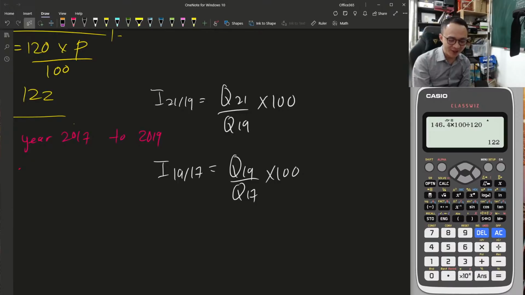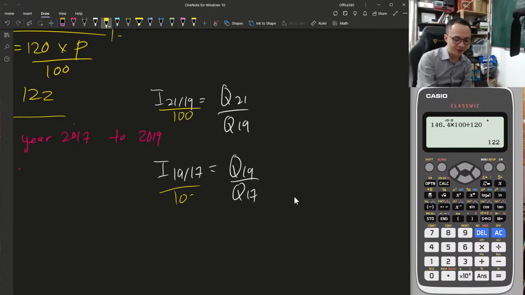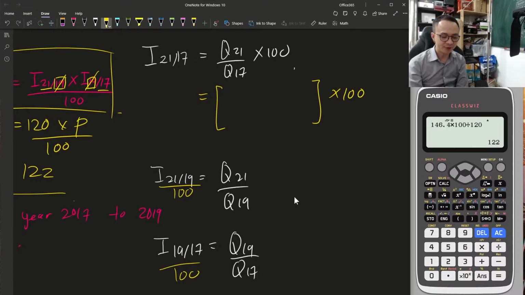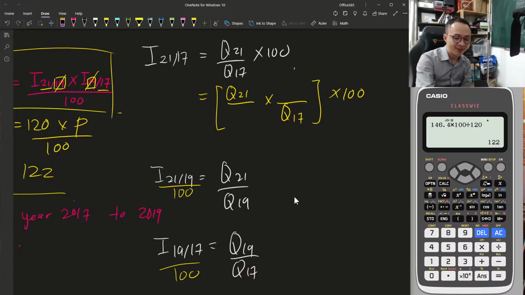Now you see this multiply by 100, I erase it and move it to the other side, and it becomes divide by 100. This one I also move to the other side, and it becomes divide by 100. Over here, I want to do the chain rule for this one, times 100. How to get Q21 and Q17? Based on the chain rule, it is Q21 and Q17, and the middle two must be the same letter, Q19 and Q19.